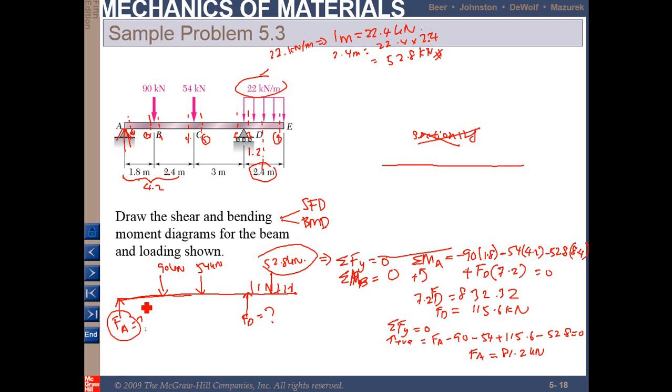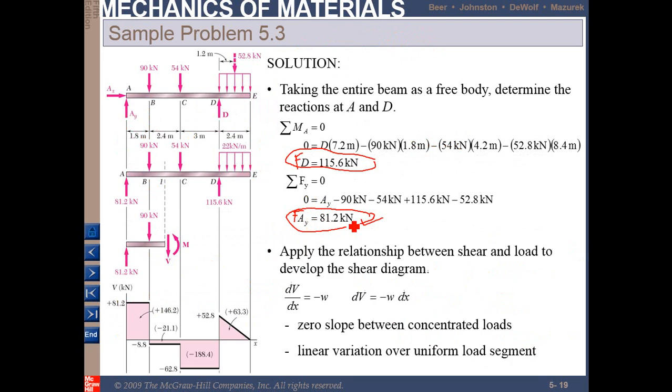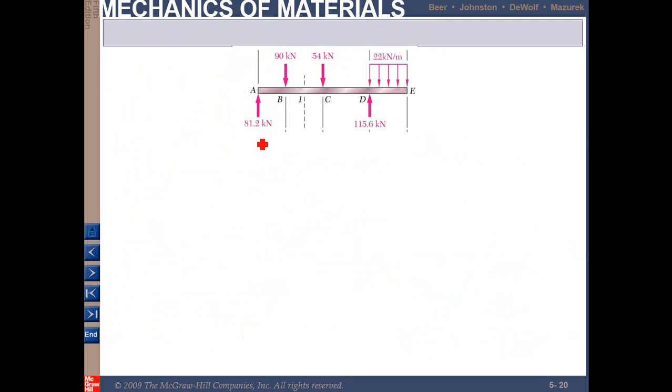So the value is 81.2. Okay, so this is 0, this is shear force, this is B, this is C, and this is D, and this is E. So this is 81.2, so it starts with here.